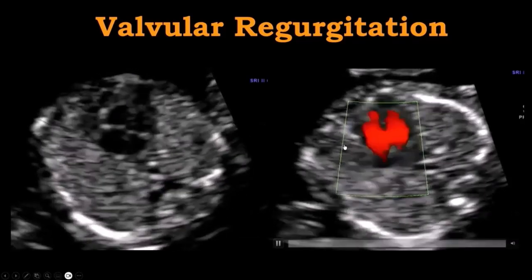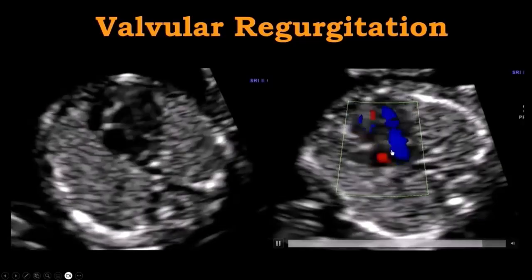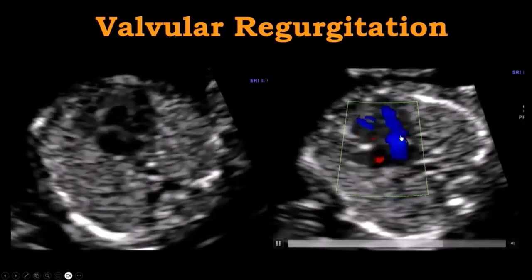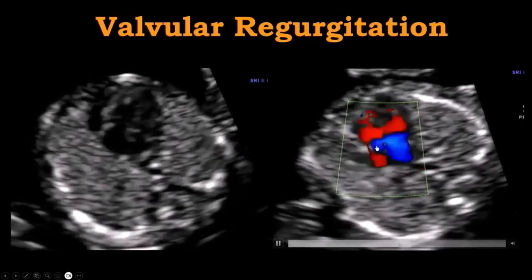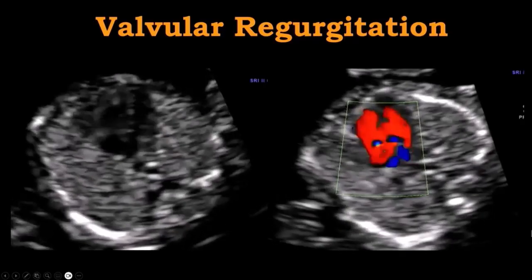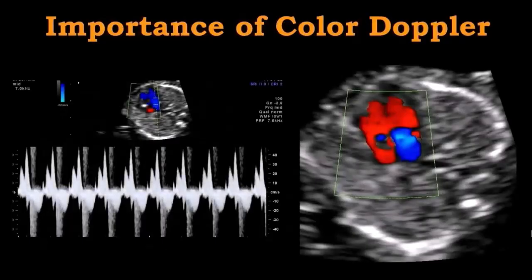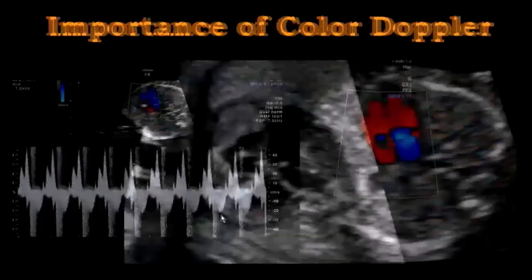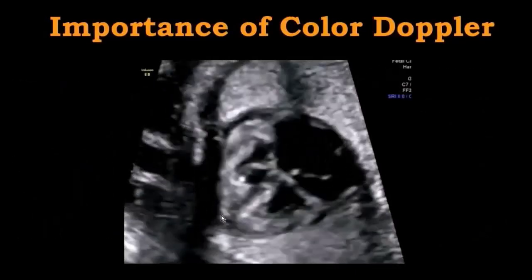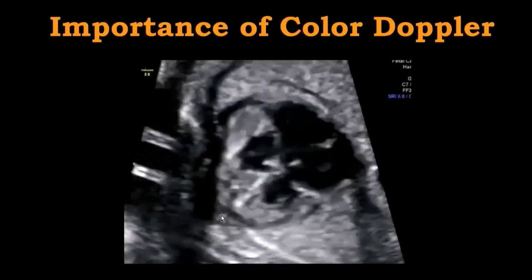But application of color surprised us with a significant amount of mitral regurgitation and a little tricuspid regurgitation. We utilized spectral Doppler to make sure this was a true regurgitation and got confirmation of that.